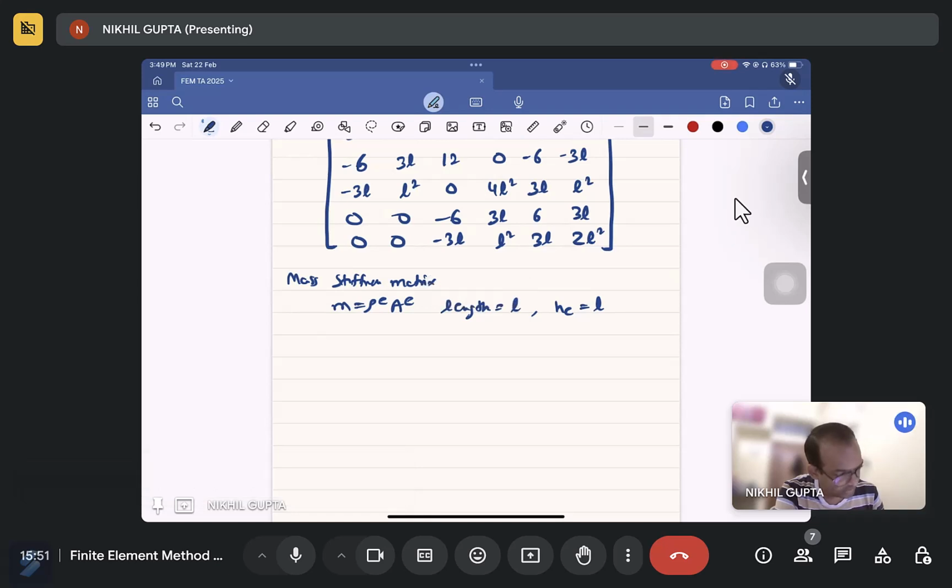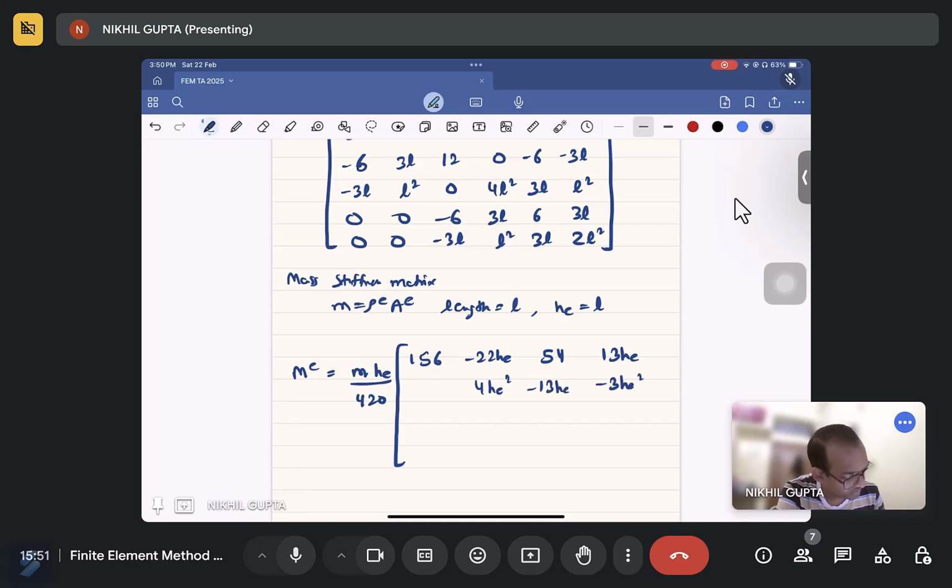So this Me of an element will be MHe by 420, then 156, minus 22He, 54, 13He, 4He square, minus 13He, minus 3He square, 22He, 156, 4He square.